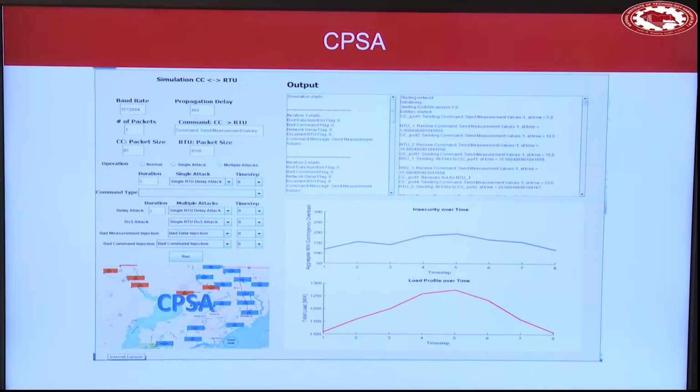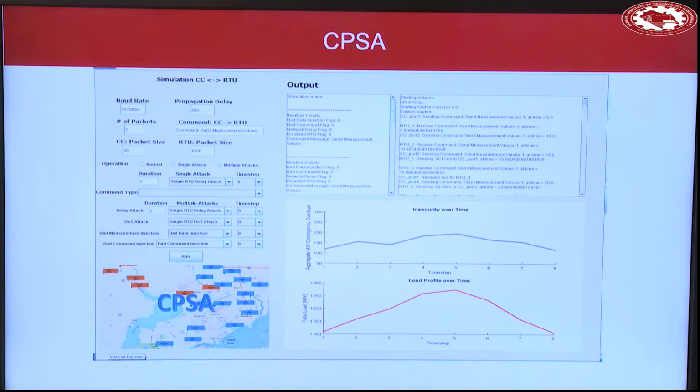Is it data? If it is data, that's sent from RTU to control center, right? If it is a command, it's sent from control center to RTU at the substation. What is the packet size at control center? What is the packet size expected at RTU?